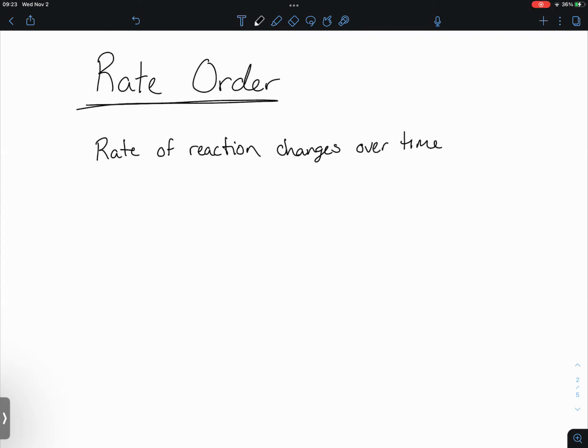And really, it's not just that it's changing because the time is increasing, right? Reactions don't know what time it is. The reason why your reaction rate is changing is because the rate of the reaction depends on how much reactant you actually have in there, right? So the rate is dependent on reactant concentration.